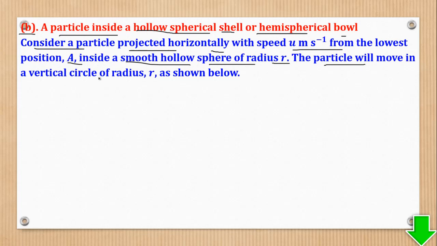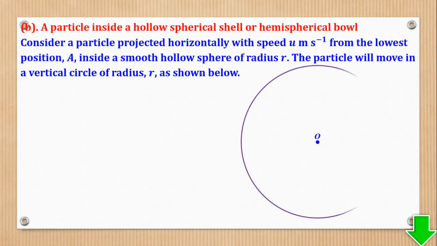The particle will move in a vertical circle of radius r as shown below. So we shall make a hollow hemispherical shell, and the particle is inside. So it is projected with a horizontal speed of u here at the lowest position.